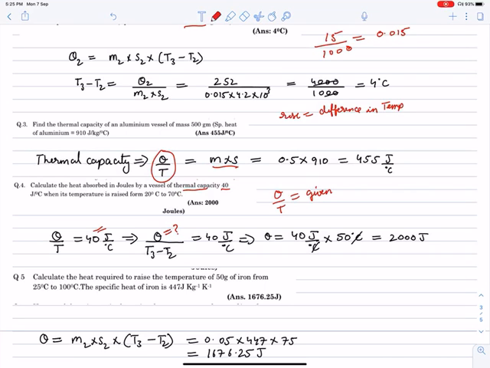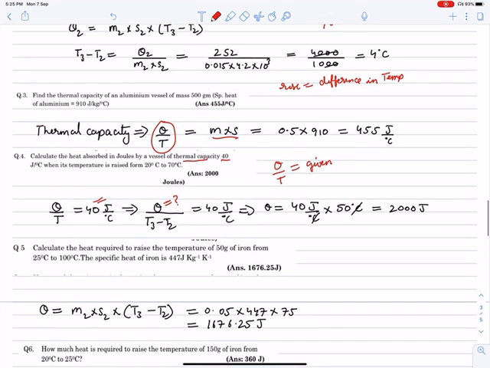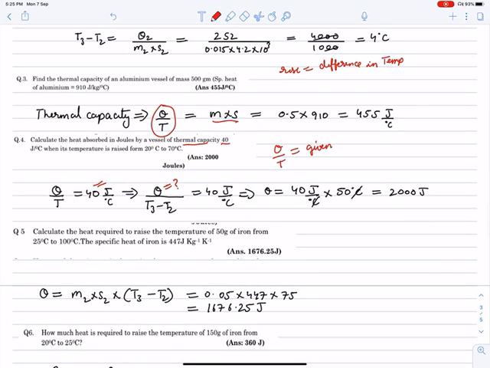Now calculate the heat required to raise the temperature of 50 gram of iron from 25 degrees Celsius to 100 degrees Celsius. The specific heat of iron is 447 joule per kg per Kelvin. We have learned that heat is given by Q is equal to M2 into S2 into T3 minus T2.